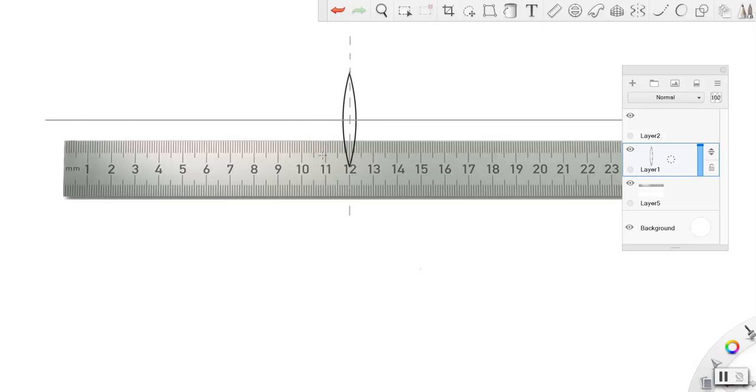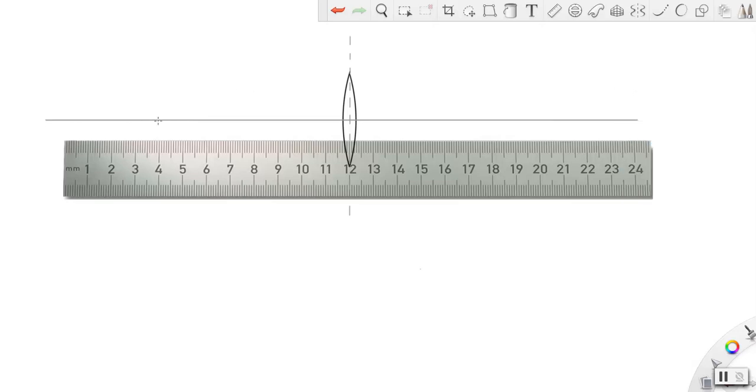So we're going to place an object here at 8 centimeters from the location of the lens. So we'll be writing it right here at the 4 mark. Will be where our object is placed. And I'd like to have a focal length on this thing at 4 centimeters away.